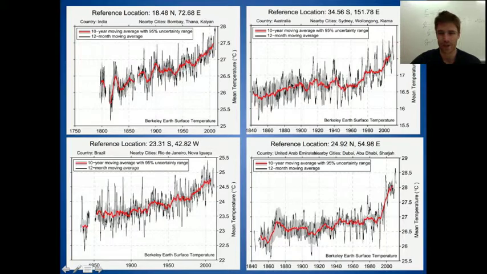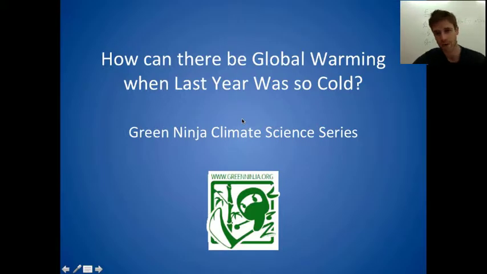You can't just pick out any given year and draw any conclusions from that. So hopefully that helps explain a little bit how any given location can have a cold year, and it's not inconsistent with the idea that the globe is warming or even that your location is warming in the long term.